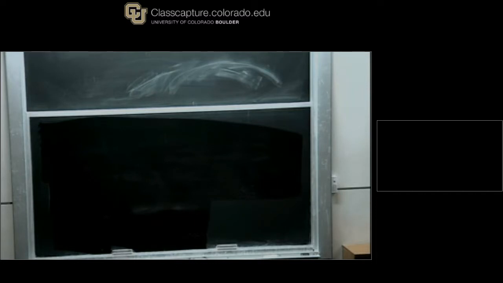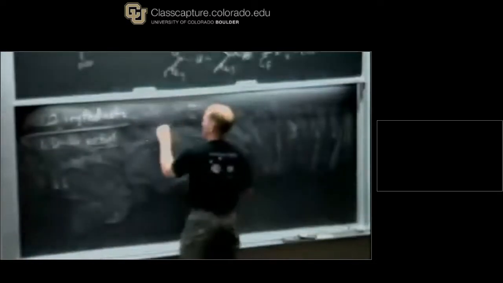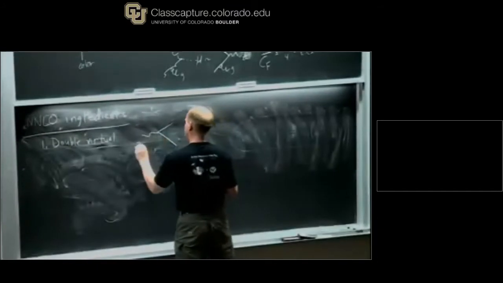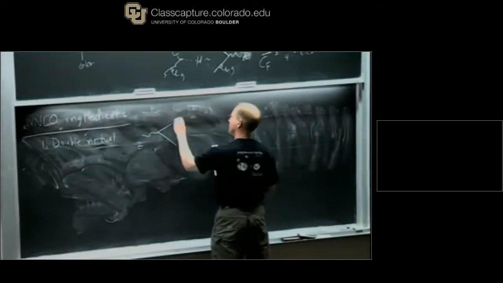Anyway, the NNLO ingredients fall into sort of three generic categories. One is double virtual. So I'll just give you an illustration of it again for the Z process.